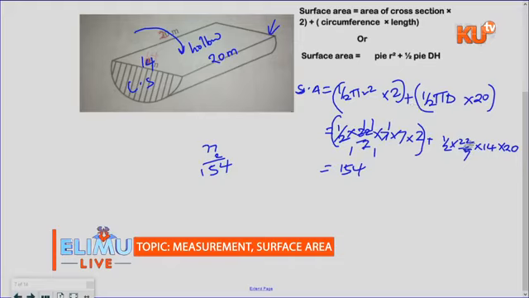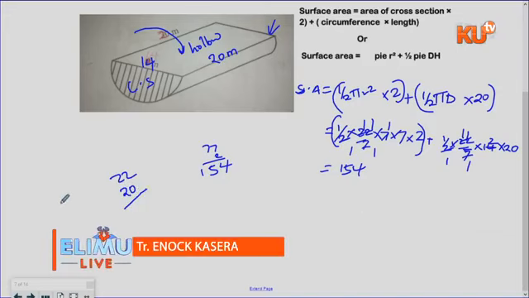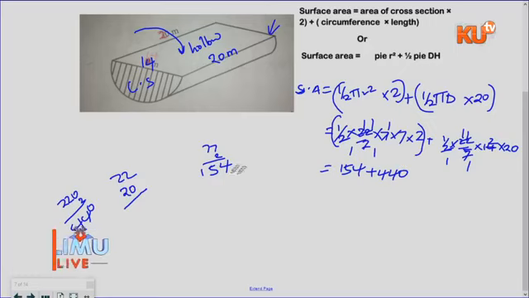All right, so 2 goes here 1, 2 goes here 11, 7 goes here 1, 7 goes here 2. So what do you have? You have 22 times 20. This is just like 220 times 2, so 440. That is what we get when we multiply circumference times length.